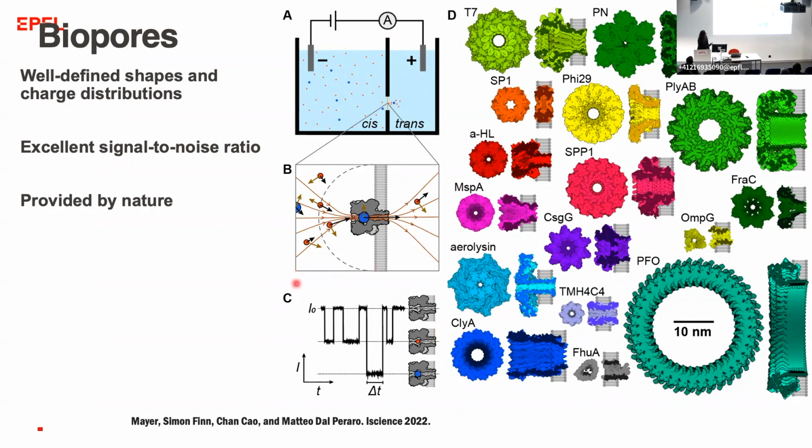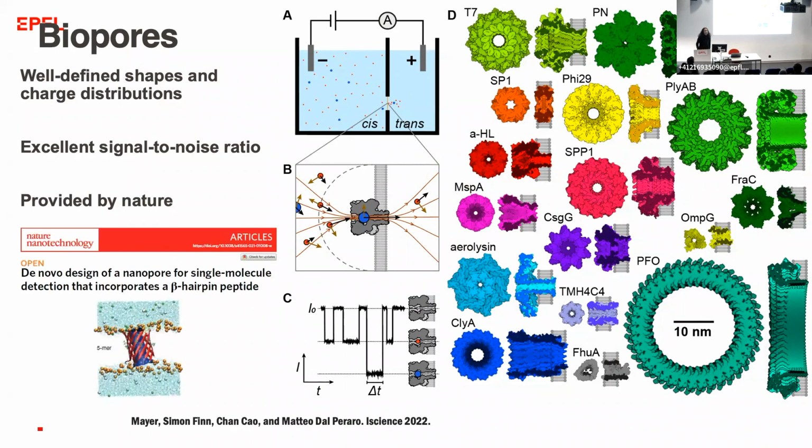But as we move to larger sizes and more complex structures, this folding is not always as precise. But concentrating on the pores that are used in sequencers, they are pretty much, I would say, a tour de force of engineering that nature can do at a really nanoscale. They are provided for free, so we don't need to engineer them.